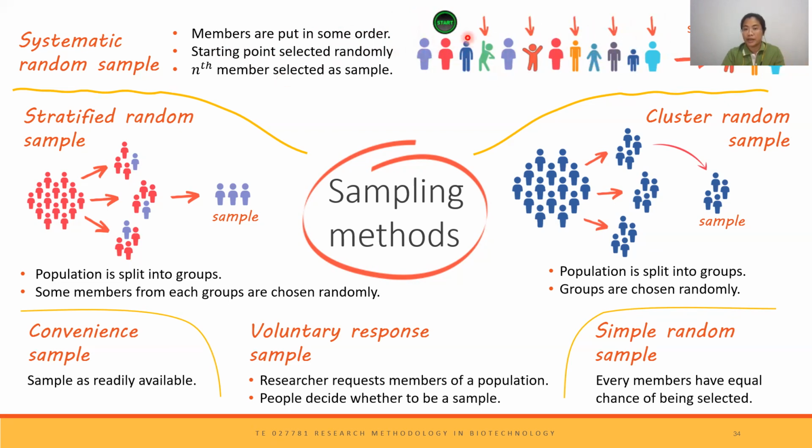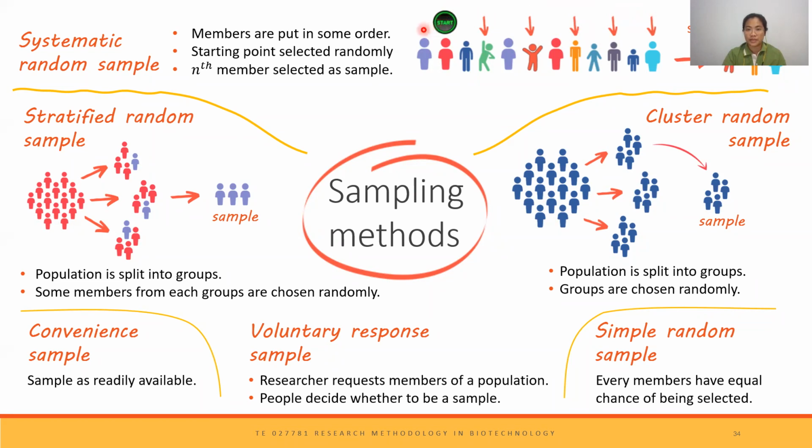And then from the starting point, you select, like in this case, every two persons as the sample. Into some order means it could be by age, by height, or by weight, and you pick a starting person, and then you pick every whatever you want.